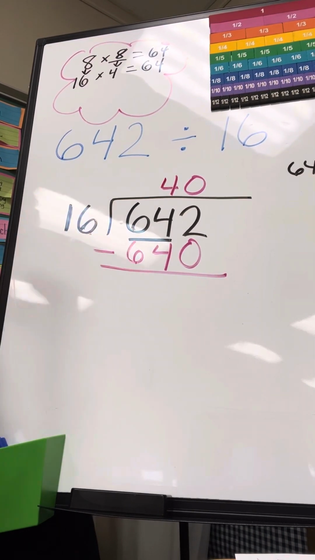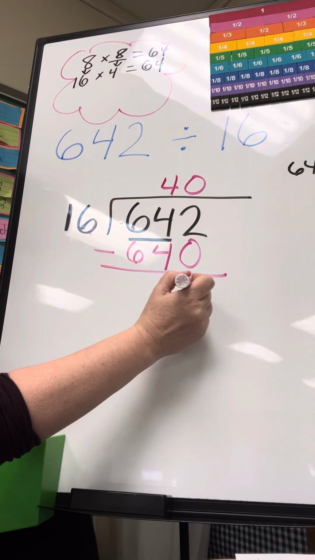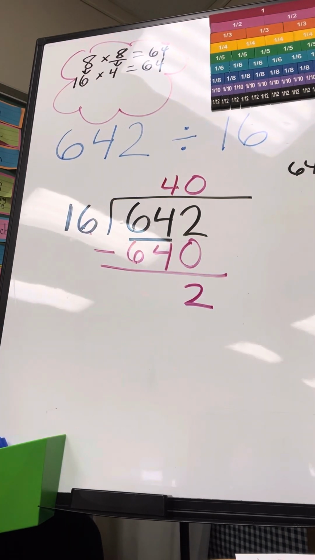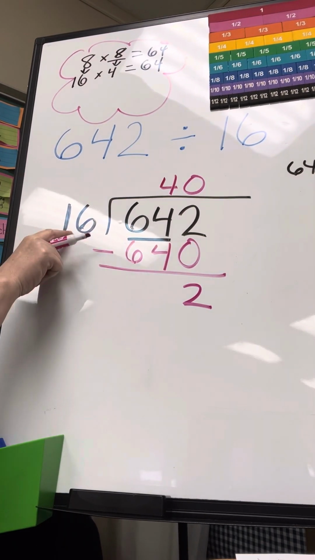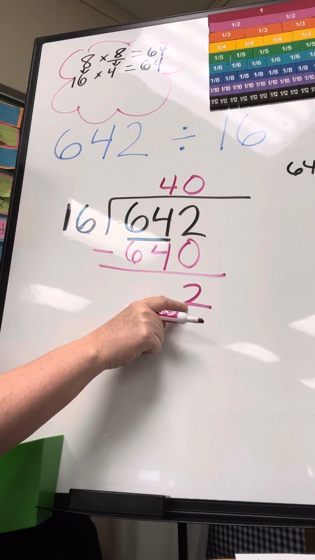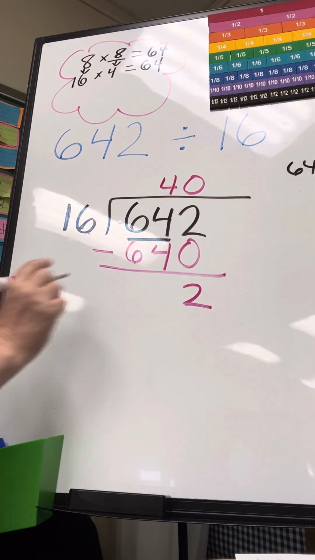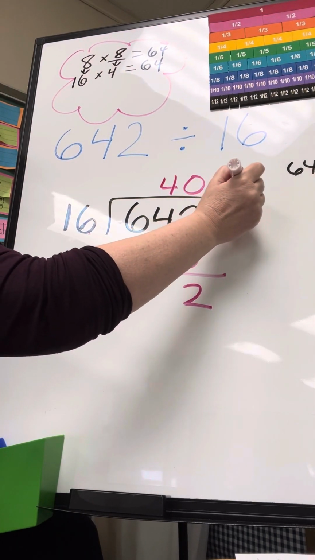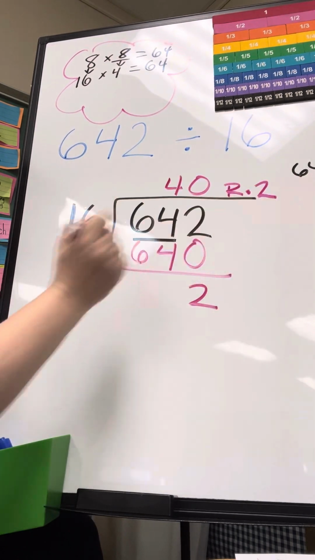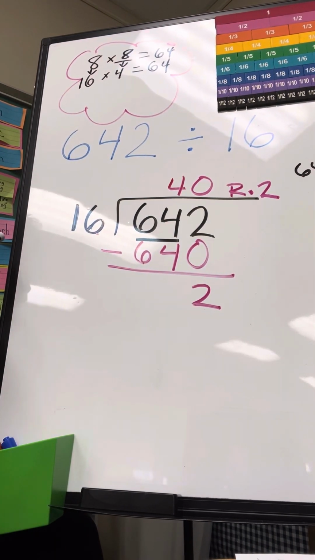So I have 40. I'm going to subtract, and I'm left with 2. I know that 16 does not go into 2, so I would have 40, remainder 2, would be my answer. Do you see how I did that using my partial products?